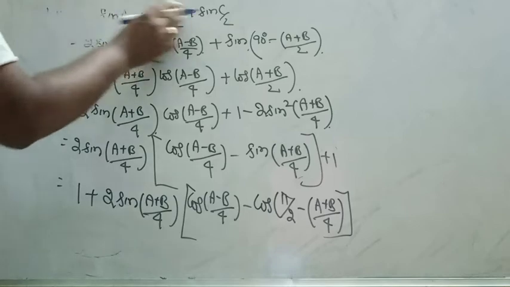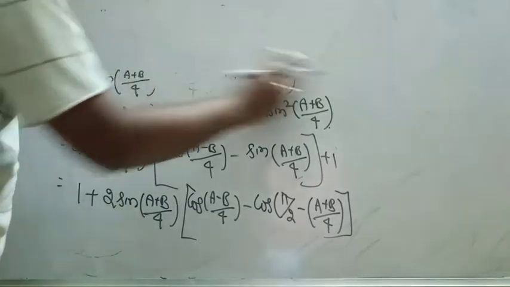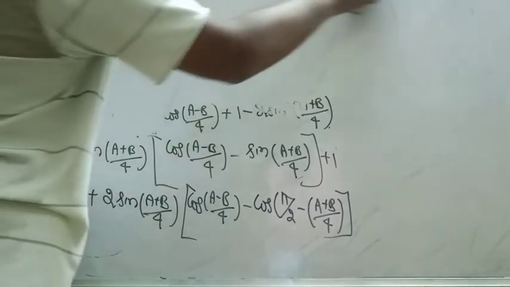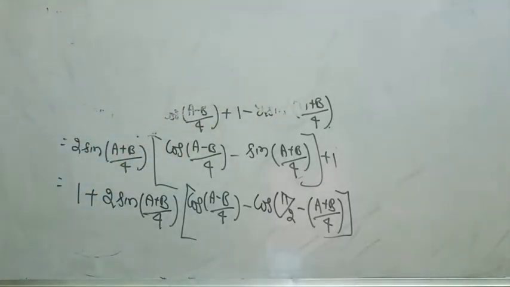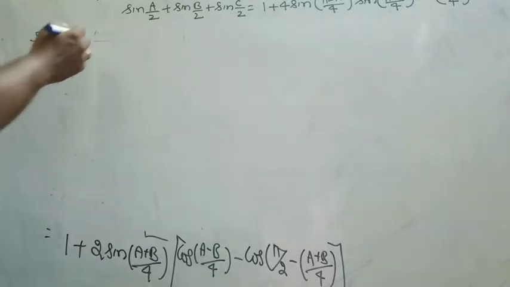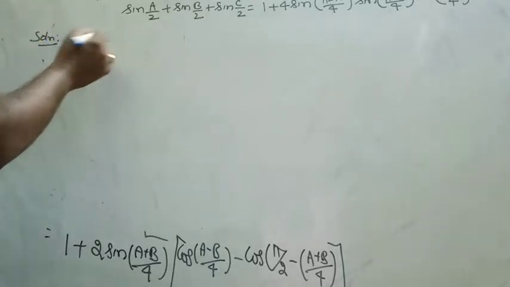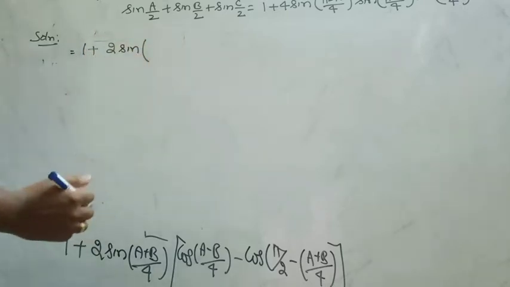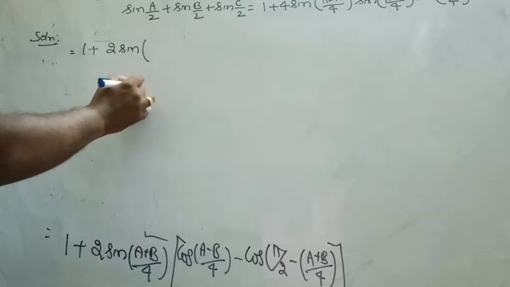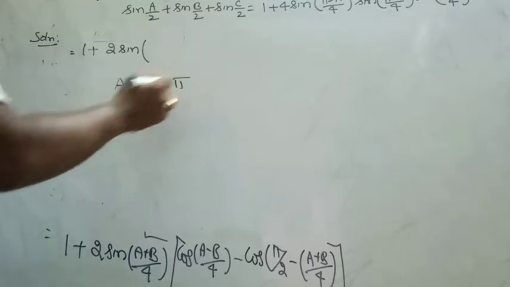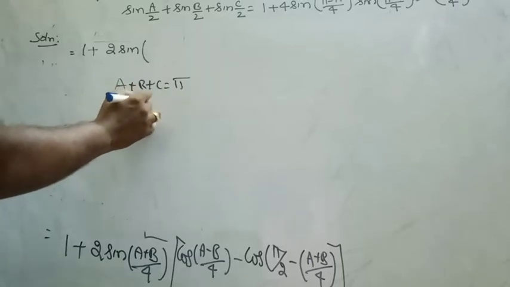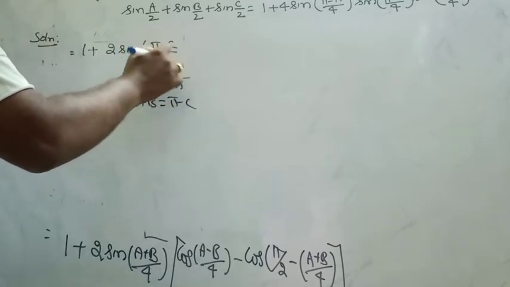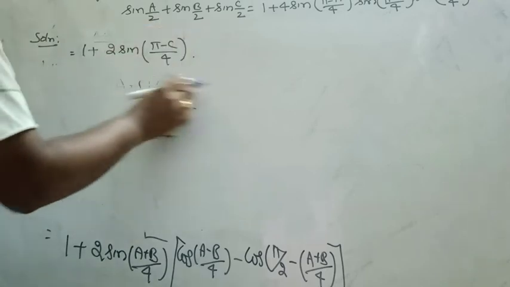Now see this step. This is 1 plus 2 sin((A+B)/4). Already you know that A plus B plus C equals π, 180 degrees. From this, A plus B is equal to π minus C, right? Therefore this is now (π−C)/4.